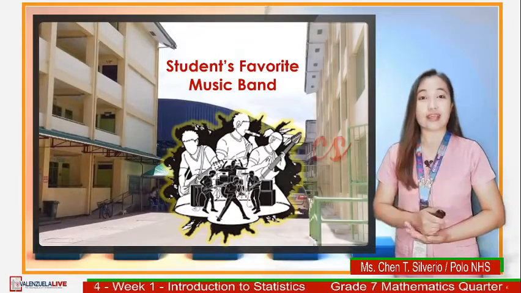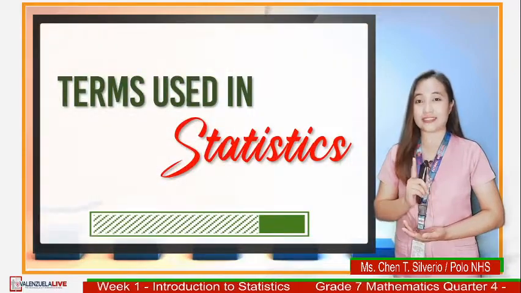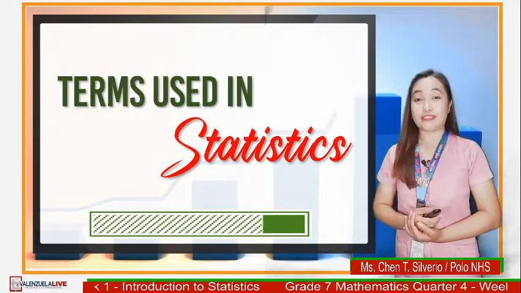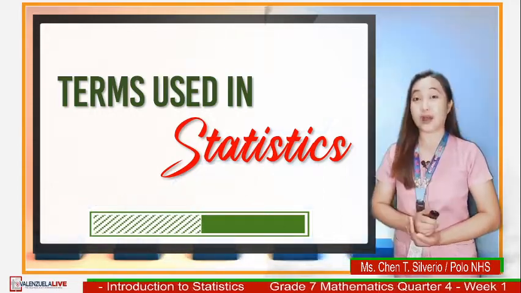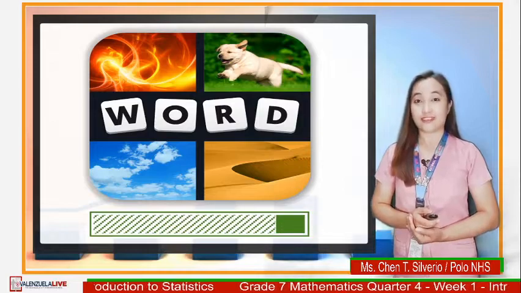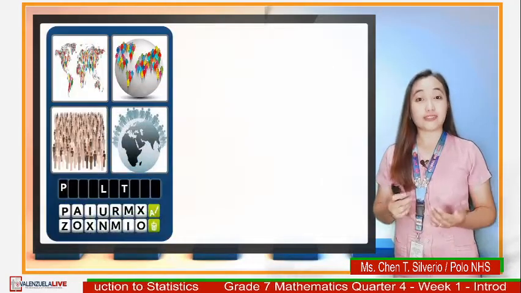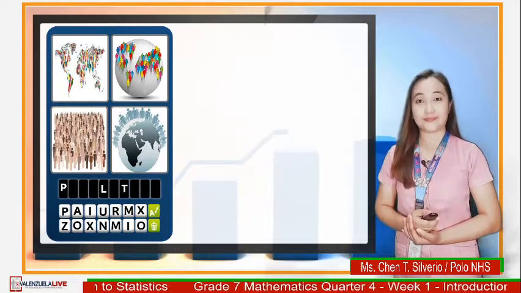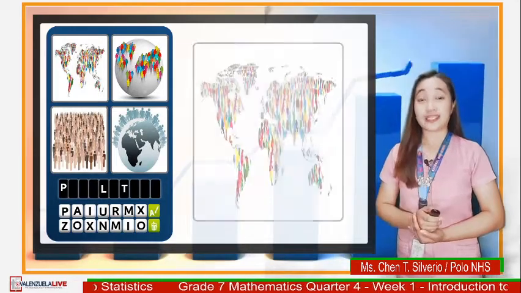Let us now define the different terms used in statistics. Let us define some terms by playing 4 pics, 1 word. Are you ready? Let us start. Our first term is represented by these 4 pictures. The first picture is this.